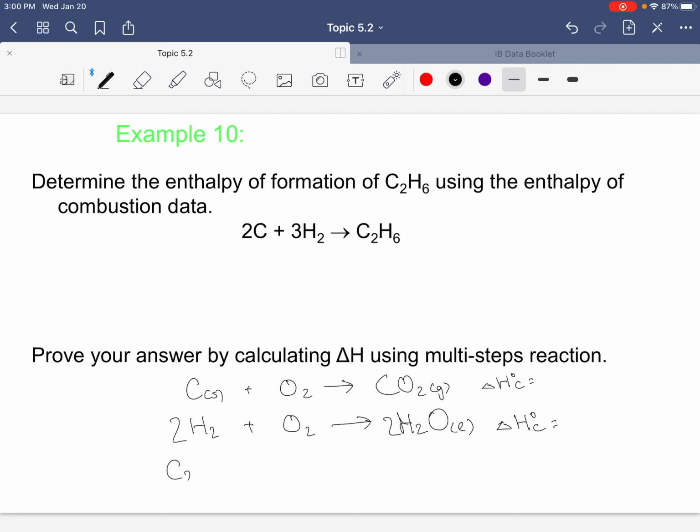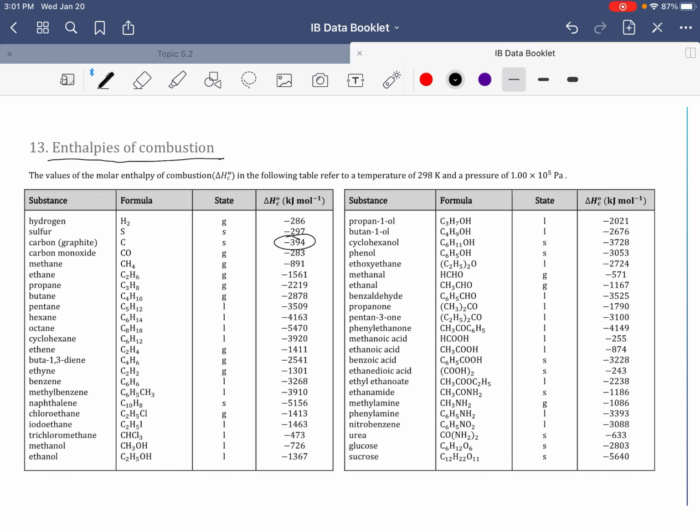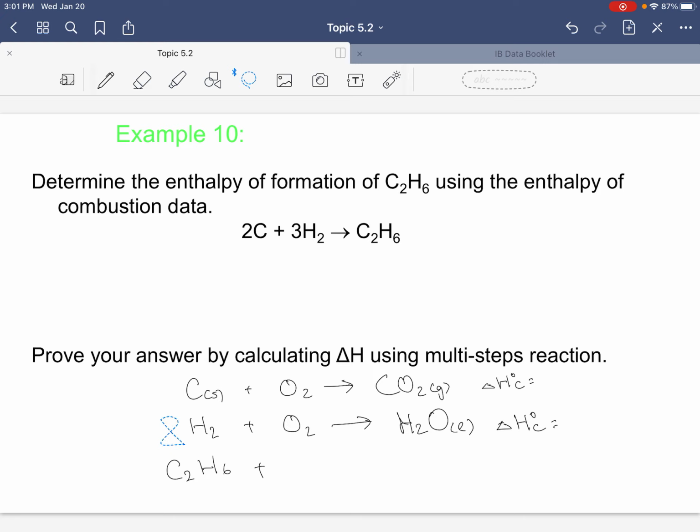And C2H6. Actually, you know what? Never mind. I'm not supposed to balance them. Don't balance them, or else the number that you see right here has to be changed. You see how water right here, H2 is negative 286. If you balance this, like if you put a 2 here, it won't be 286.